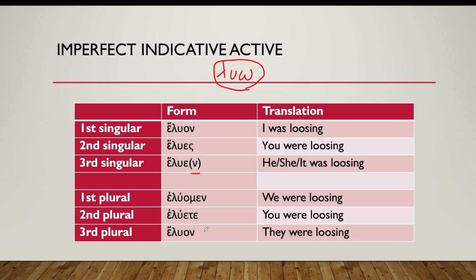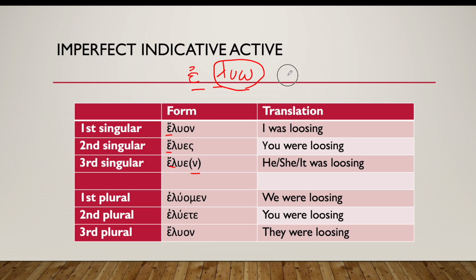Now you'll notice a few things here. The presence of this epsilon at the front of the verb is called the augment. Verbs that begin with a consonant simply have an epsilon put on the front, and that's the marker of the past tense in the Greek New Testament.